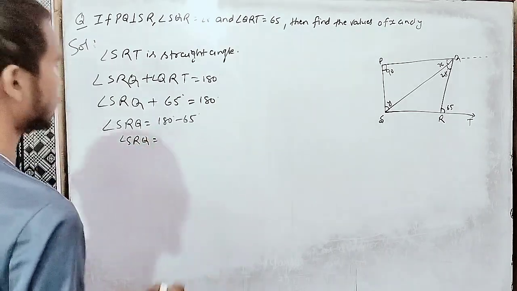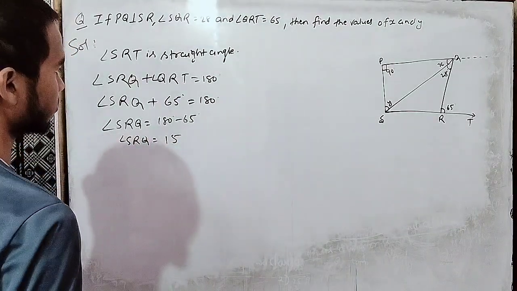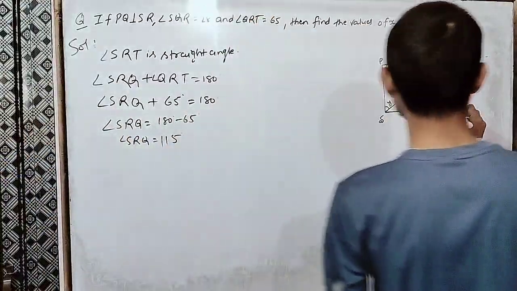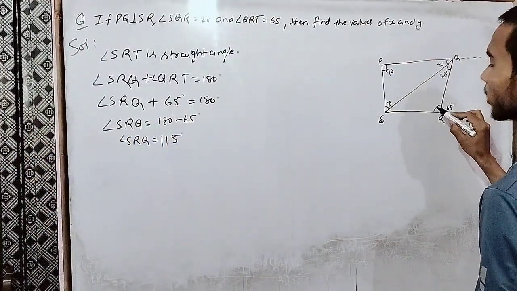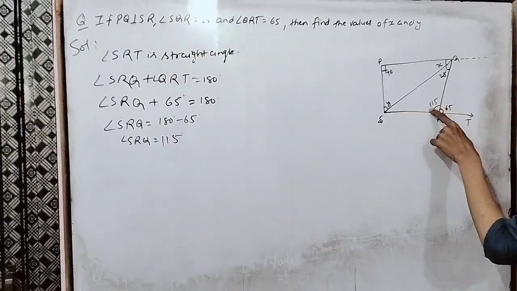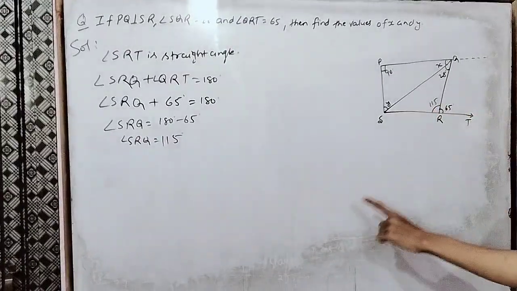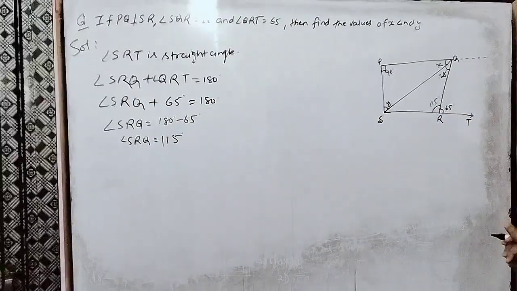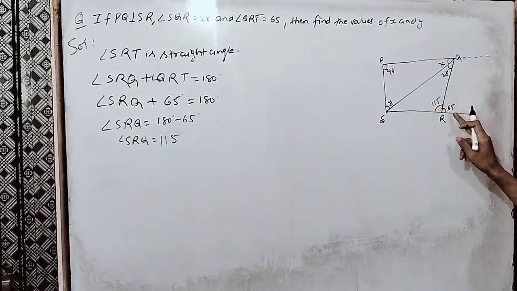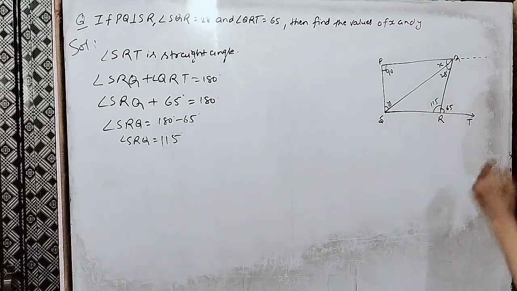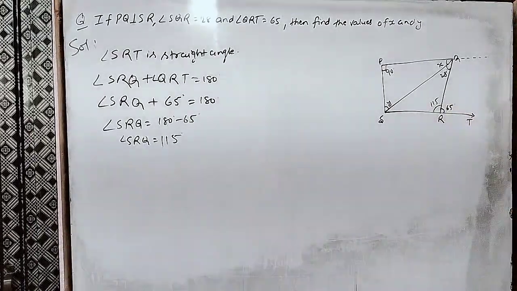We can check that the sum is 180 degrees: 115 plus 65 is 180, so the value of this angle is correct.